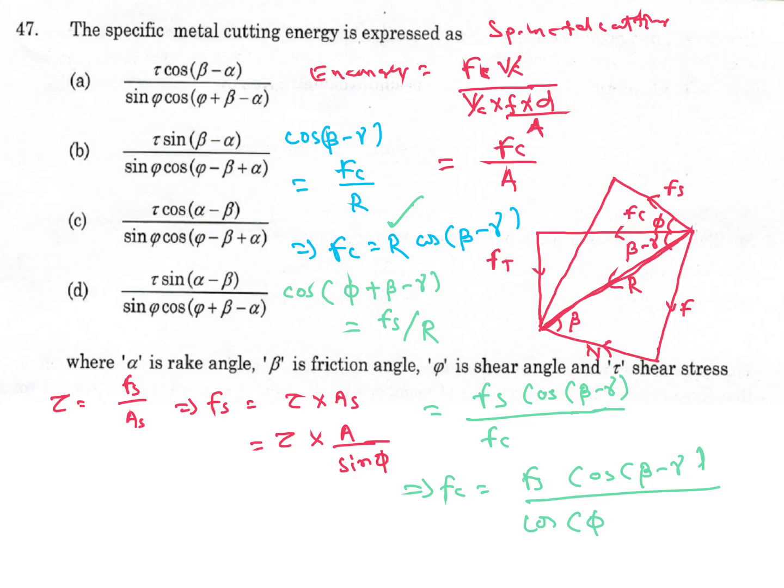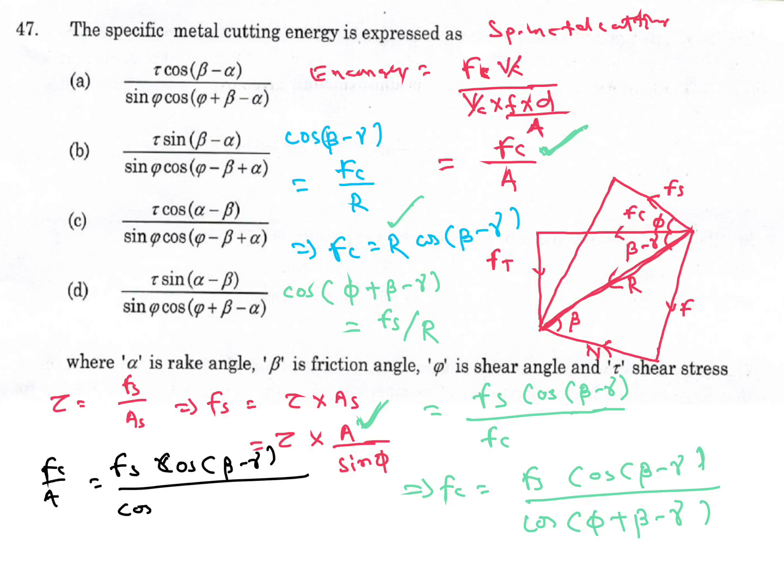This is the Fc value. Then Fc value you put here, and A value is also available. Then specific metal cutting energy Fc by A you can write as Fs cos beta minus gamma divided by cos phi plus beta minus gamma into original area A.